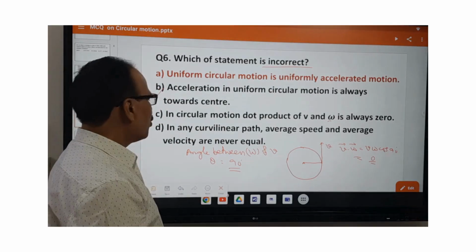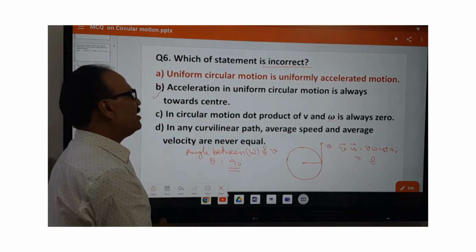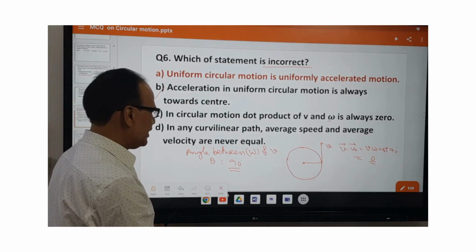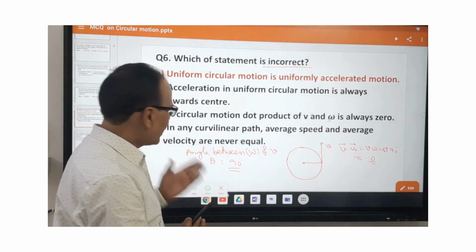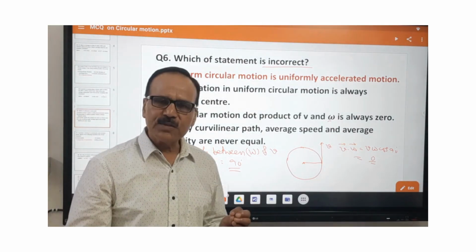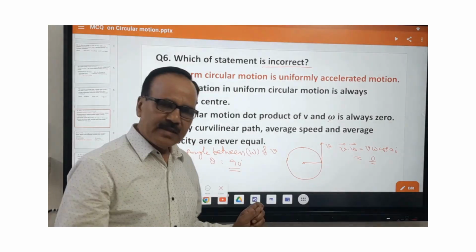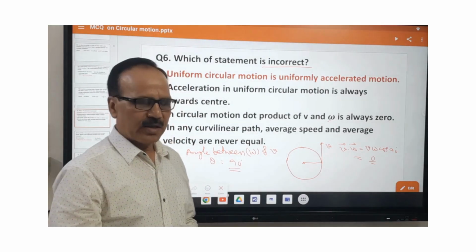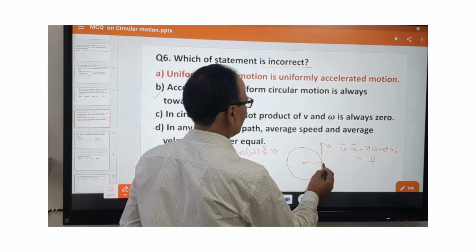In the fourth option: in any curvilinear path, average speed and average velocity are never equal. This option is also correct, because if you try to find the relation between distance and displacement in the case of circular motion, for example, suppose the particle is here.